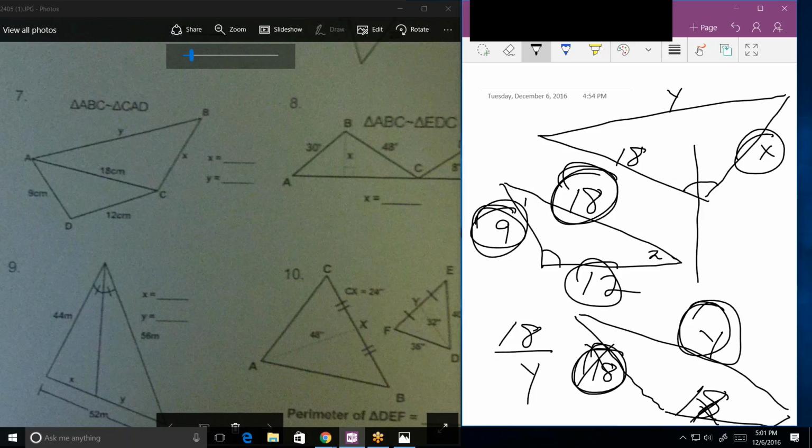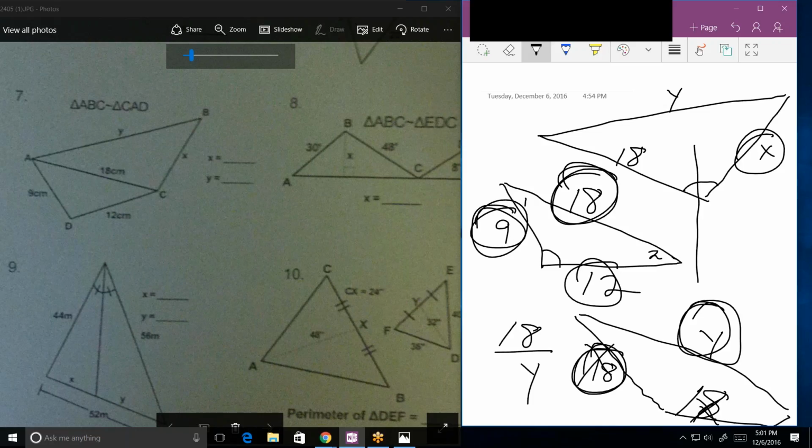Actually, if you flip this triangle over the x side, then it will be oriented perfectly. And then you will have no problem comparing the x with the 9, but that's difficult. In other words, we have one obtuse angle there, and we have two acute angles.